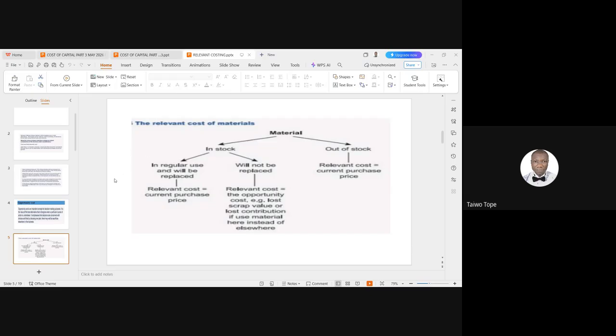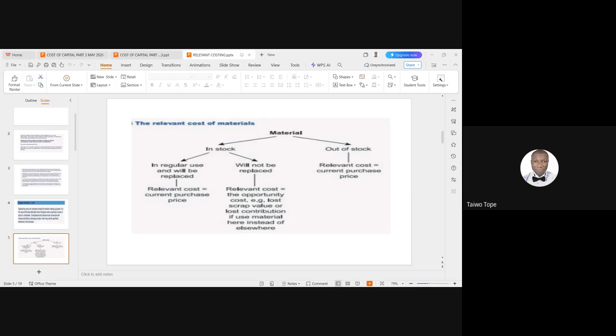So if a question says that material X is in regular use, how are we going to treat that? It means that because it is in regular use, there will be costs associated with it. You can have historical costs in the question. You can have the current value or current cost of the stock in the question.